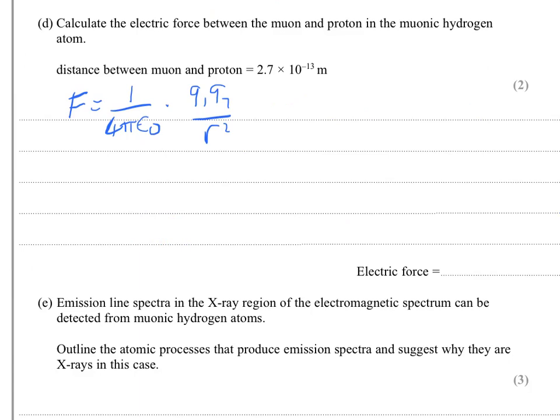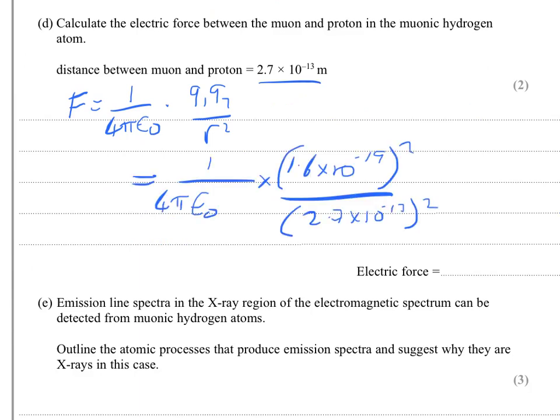So you're just filling in the numbers for that, with Q1 and Q2 being the same charge. The muon has the same charge as the proton, just the opposite sign. We're only interested in the magnitude anyway, so we don't need to worry about signs, but it's not really relevant. And epsilon naught is found in your formula sheet, and R is the value they've given here. So you're just filling that in.